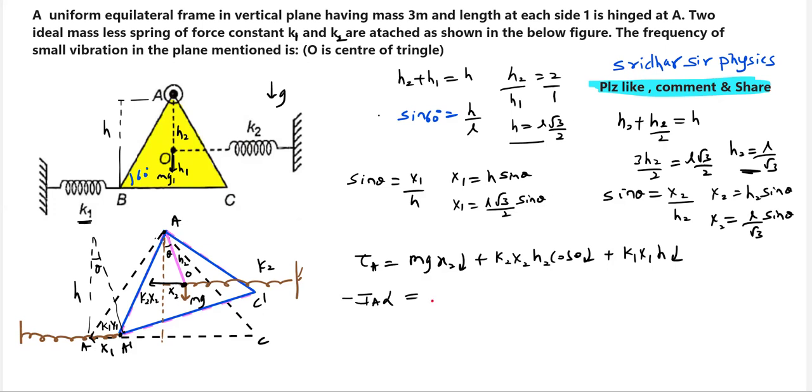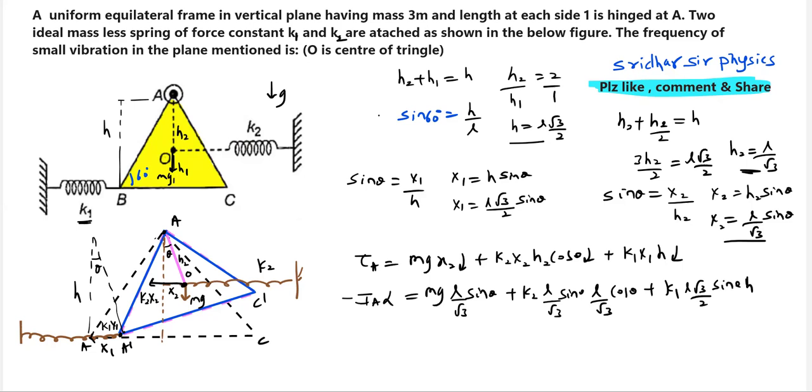So this should be mg, x2 value, L by root 3 sine theta, plus K2, x2 will be L by root 3 sine theta, h2 equal to L by root 3 cos theta, plus K1, L root 3 by 2 sine theta, and this is h.